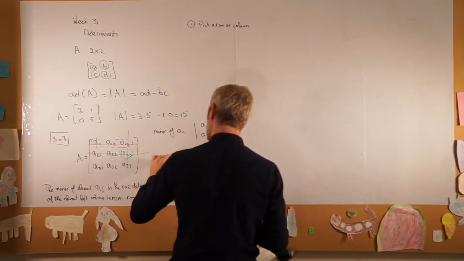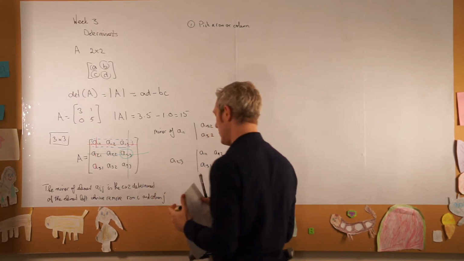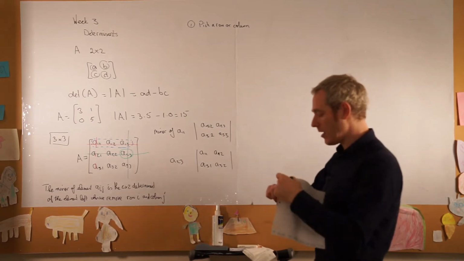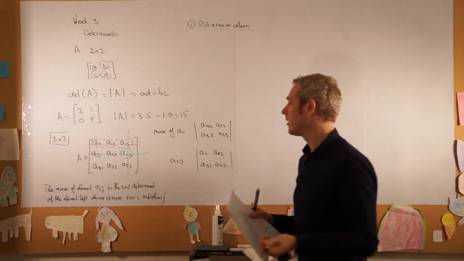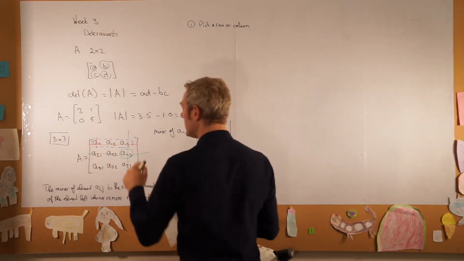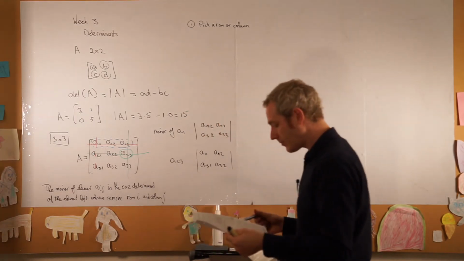So this is the minor of A23. So now we know how to calculate the minor of each element in a 3 by 3 matrix.